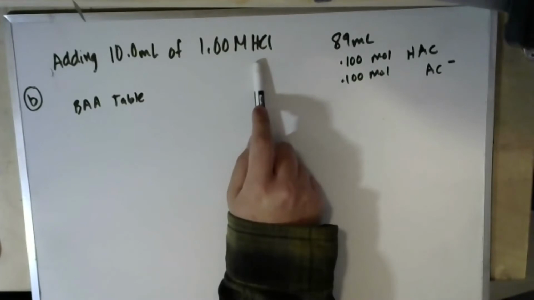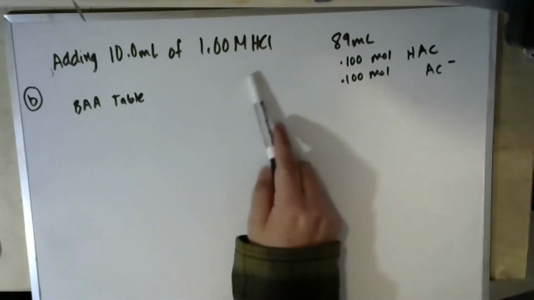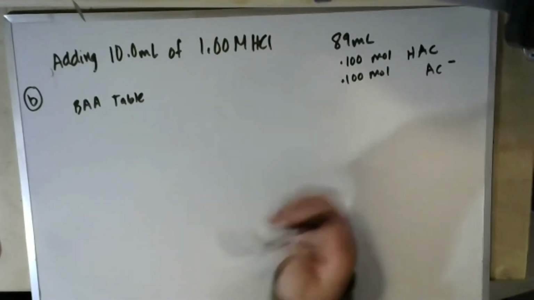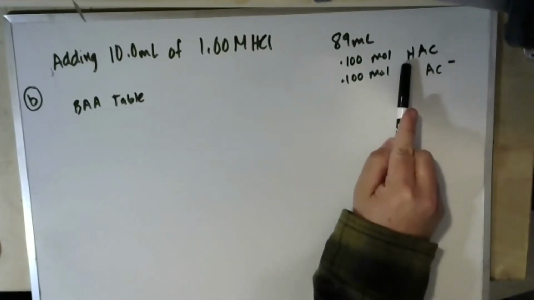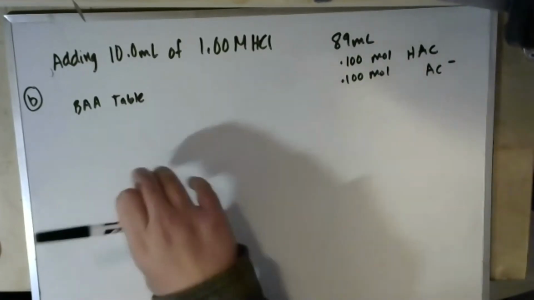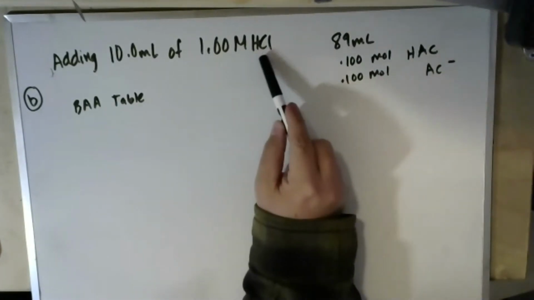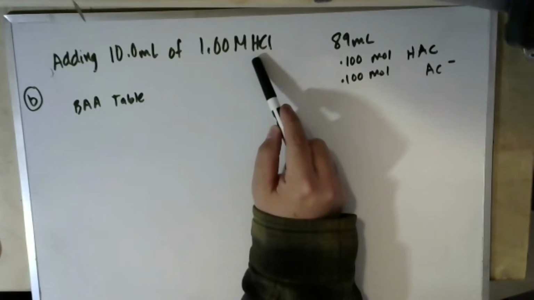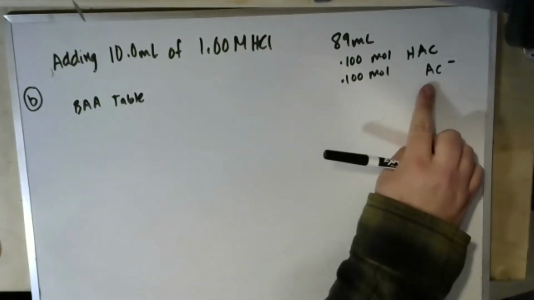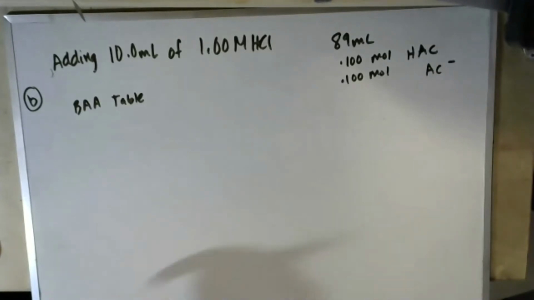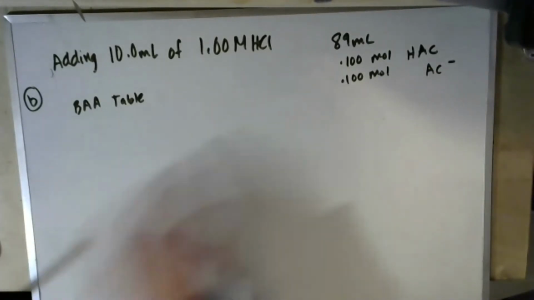When we added sodium hydroxide, that OH minus reacted with our acetic acid, right? So the base we added reacted with the acidic part of our buffer. In this case, we're adding acid. That means this H plus from the hydrochloric acid is going to be reacting with the basic part of our buffer, and we have to reflect that in the initial reaction we write out for our BCA table.